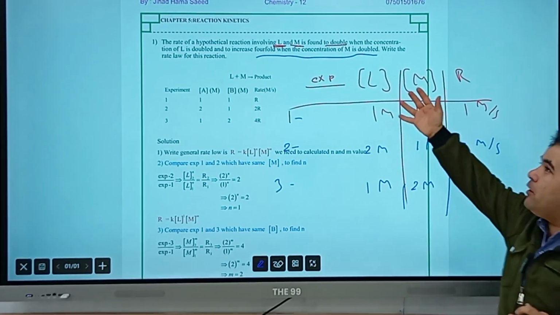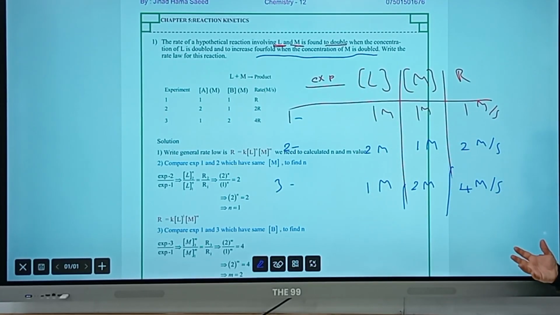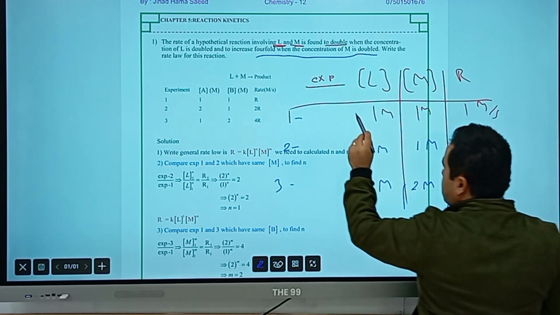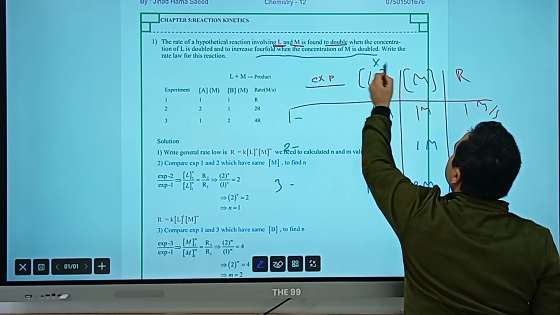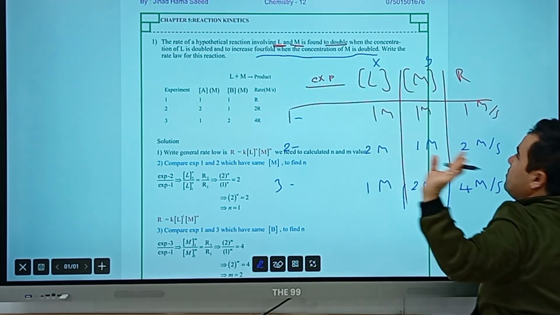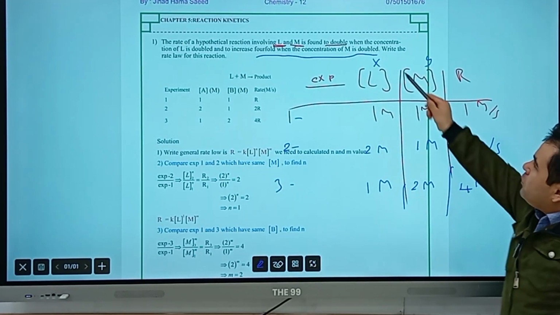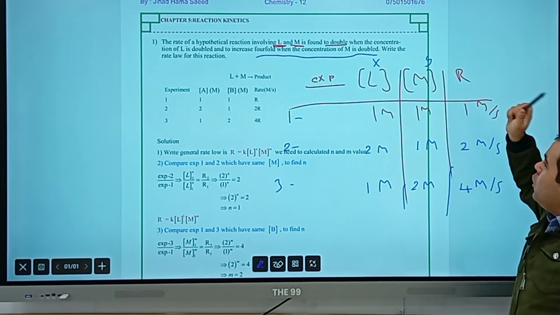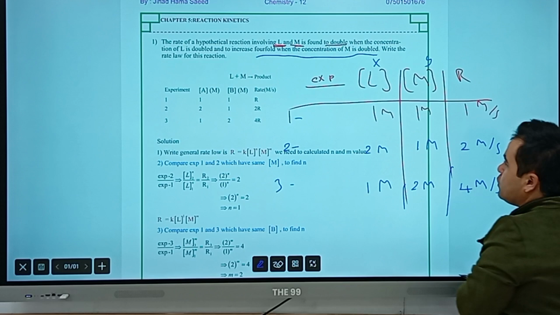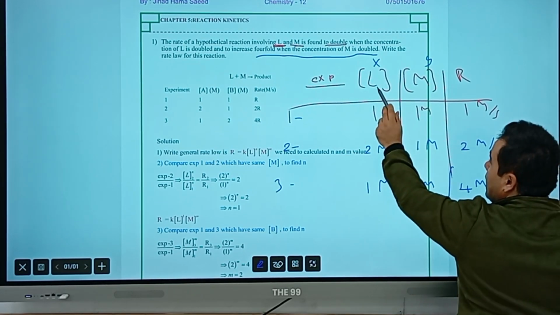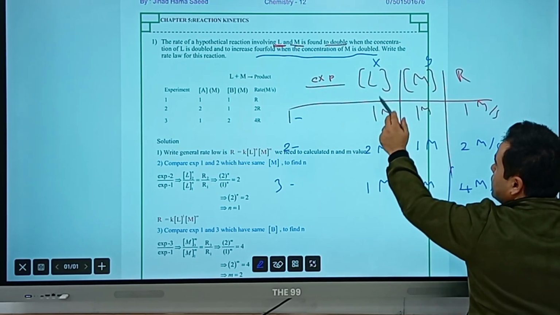So that's how we converted the statement into this table. Suppose the power of L is x, the power of M is y, any values. In order to calculate x, we have to choose two experiments where L changes but M does not change.